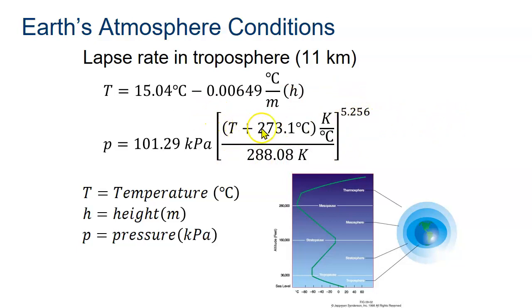Inside this, you're converting temperature to Kelvin. So you have the temperature, which is in degrees Celsius, plus the conversion factor for Kelvin, and then the degrees Celsius cancels out, and you're left with degrees Kelvin divided by this value, which is Kelvin. So that will spit out the pressure at a given temperature. A little complicated, but it's not a bad calculation. We'll get to that later.